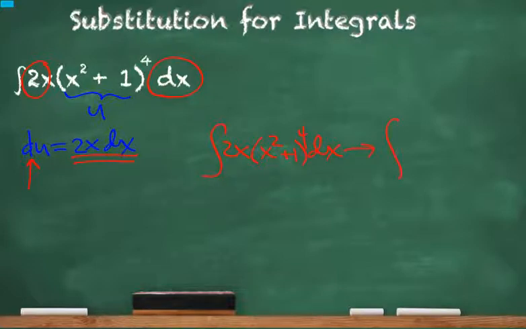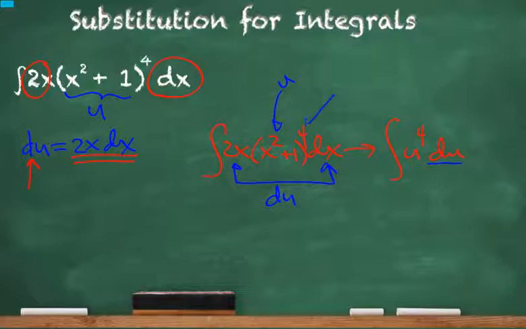So this problem can be rewritten as u to the 4th du. Again, just for emphasis, the 2x dx is now replaced with du. And the x squared plus 1 is replaced with u.